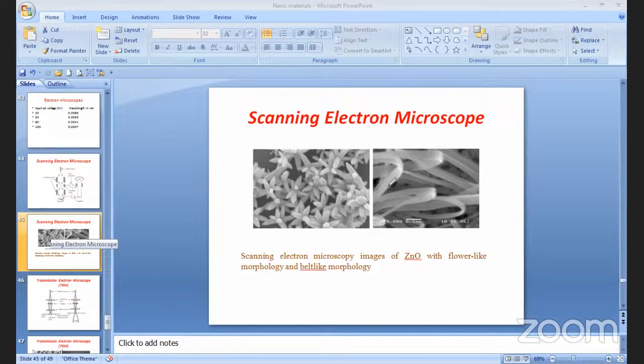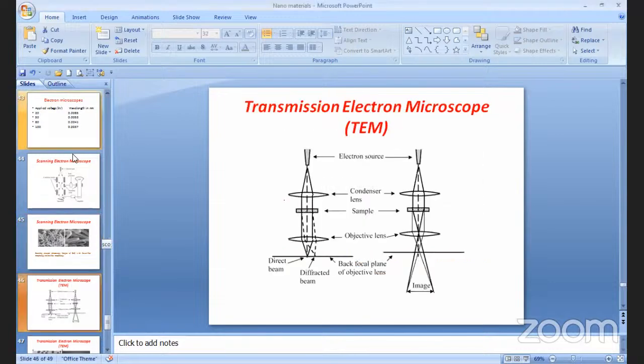Okay, so next, another type of microscope under the electron microscope is the TEM, which we call the transmission electron microscope. Generally, the transmission electron microscope is ideal for investigating nanomaterials as very high resolution is possible.